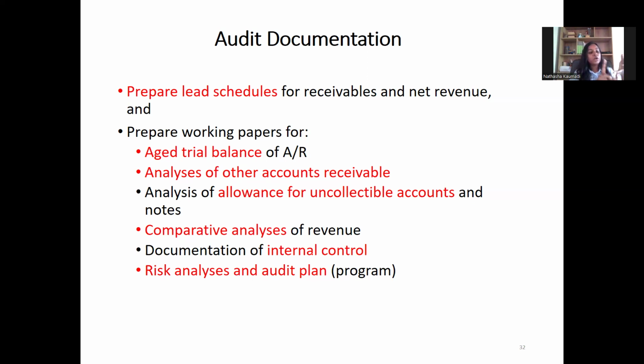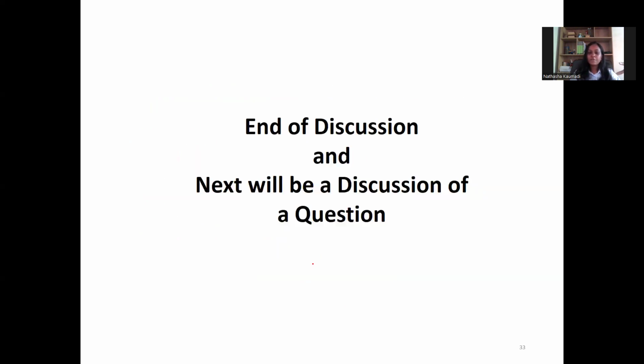And after that, you can do the test of controls, separate workings. You can do substantive procedures. Risk analysis and audit plan, these come first actually. Before coming to revenue, you have to plan it beforehand. Likewise, these are the audit documents relevant.